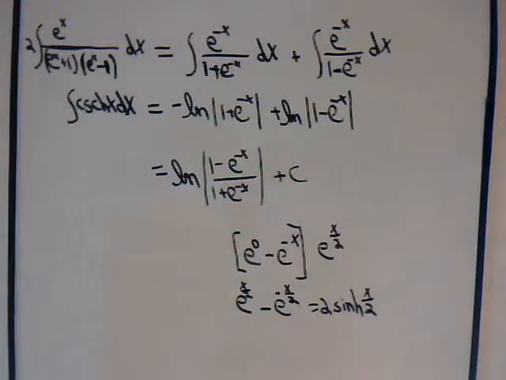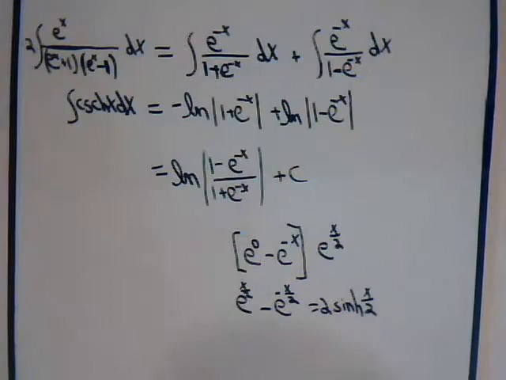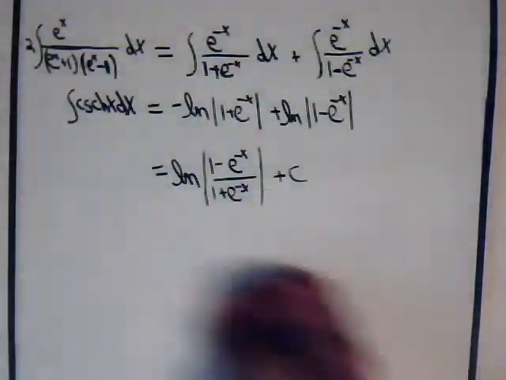Now, if we multiply the numerator by this, of course we have to do the same thing in the denominator, so let's just try to do this the right way.